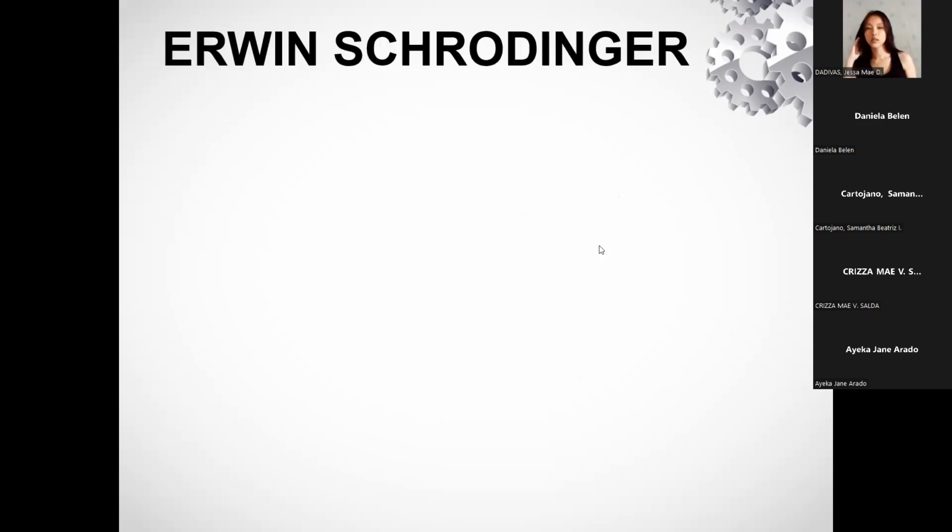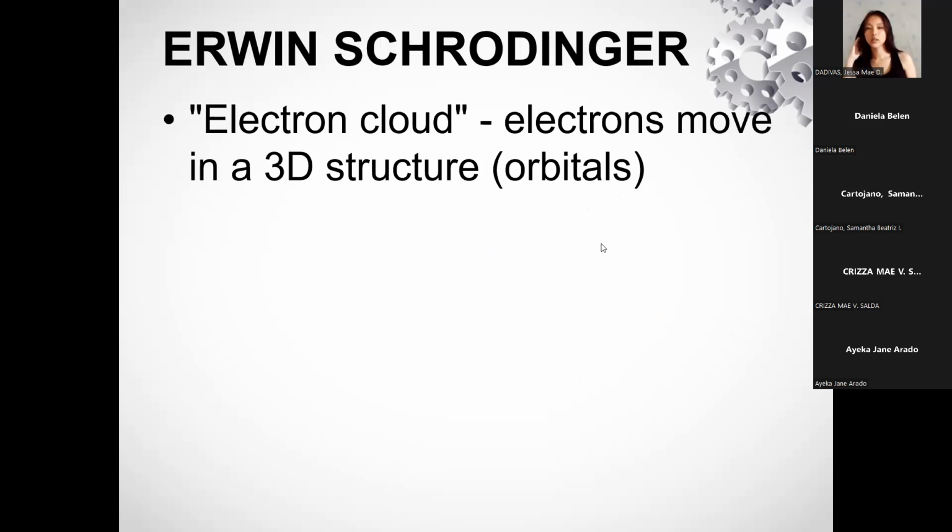And we have Erwin Schrödinger who discovered the electron cloud. Outside the nucleus, that is where we see the electron clouds, and they move in 3D structures, meaning they have orbitals. Okay?